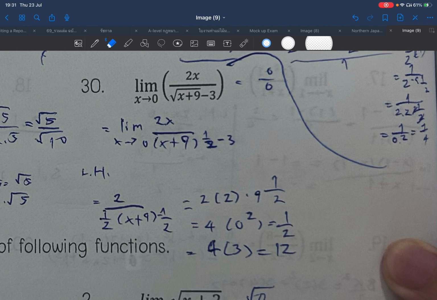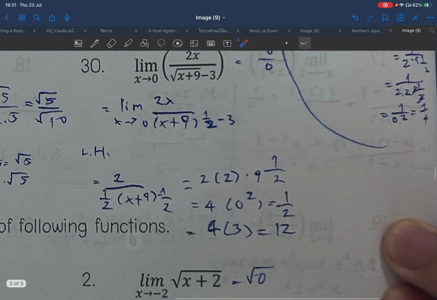The denominator simplifies to x plus 9 minus 9 equals x, which cancels x with x in the numerator. We get 2 root, 1 out of 2 with x plus 9 in the brackets, minus 1 over 2.